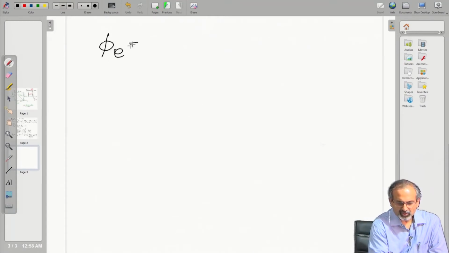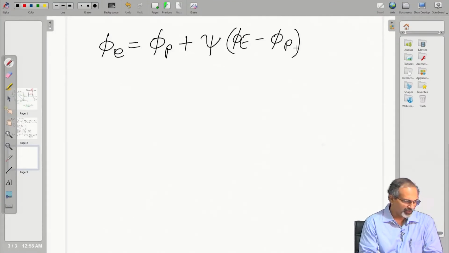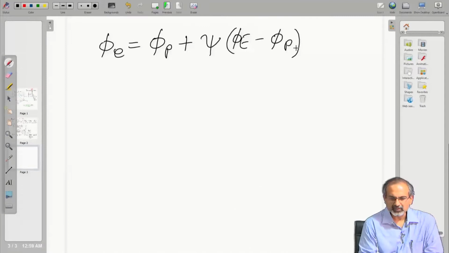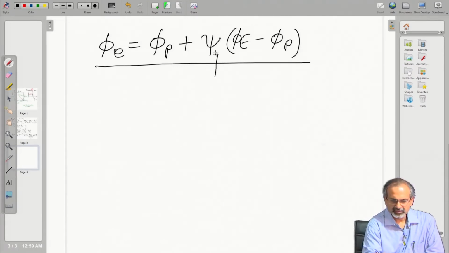So, now that we saw two schemes behaving that way, we could write it like this perhaps, that we should hopefully be able to write down the different schemes that we have in a form like this. Why we are concerned with a function: there should be a half psi times (phi e minus phi p).